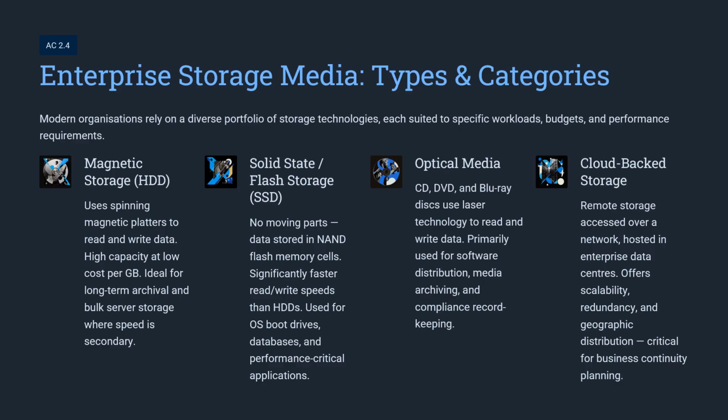Moving forward, let's look at enterprise storage media, types and categories. Organizations rely on 4 main storage types. Magnetic storage for low-cost, bulk archival.